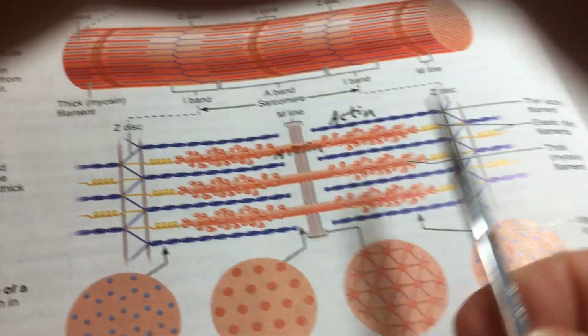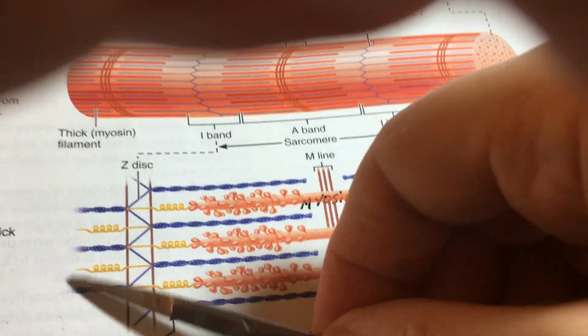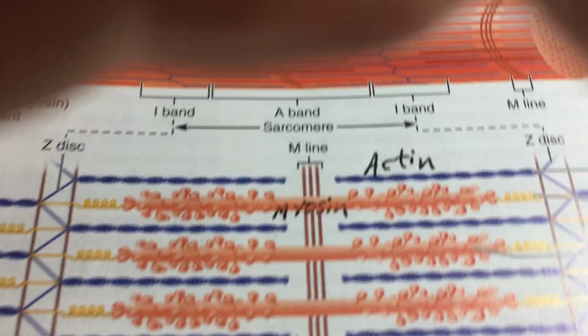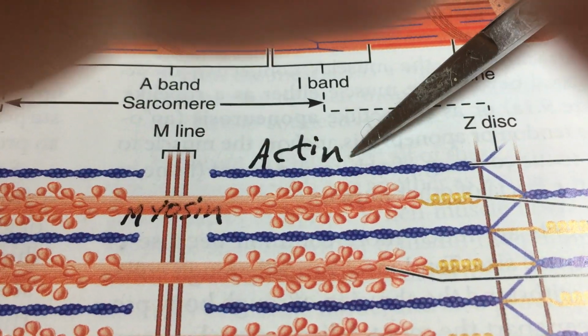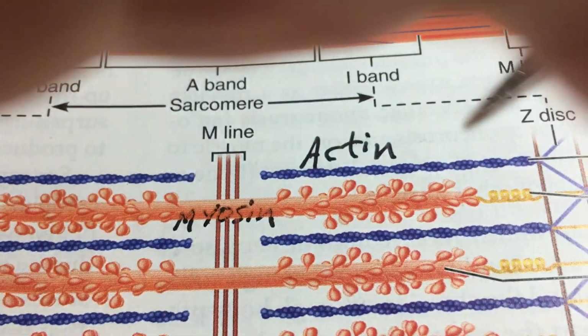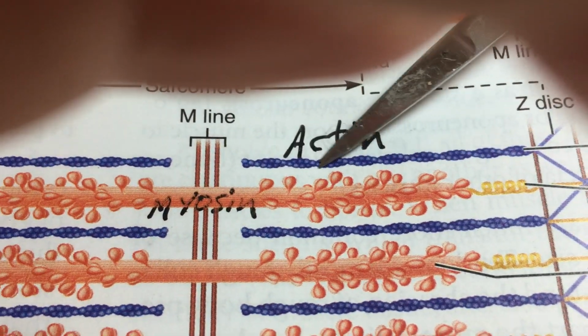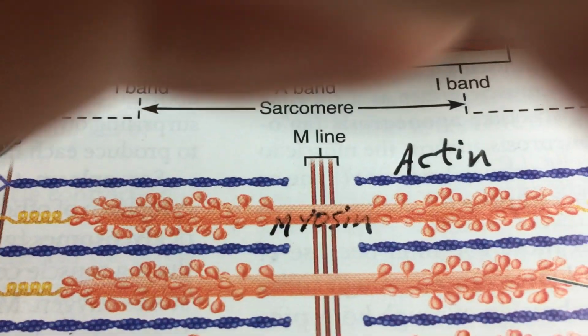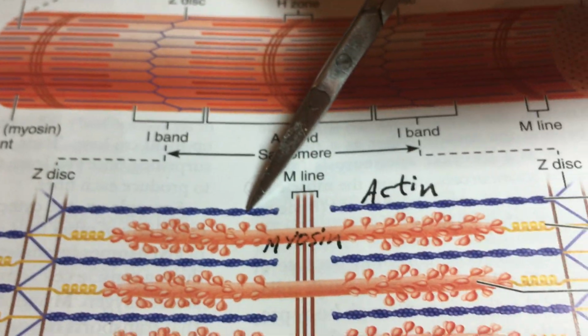The ones over here are going to bend this way, and the ones over here are going to bend this way. The result is that it binds to the actin site many times with all of these little heads, and it's going to drag the actin this way, and drag this actin that way. Are you with me on that?